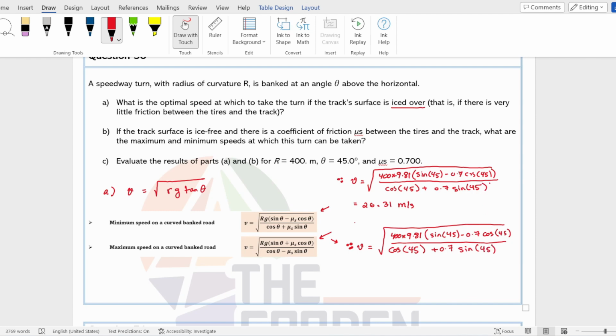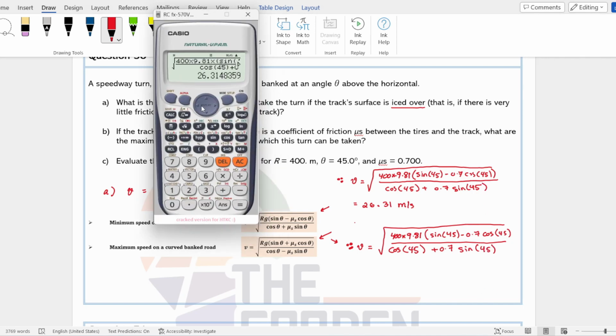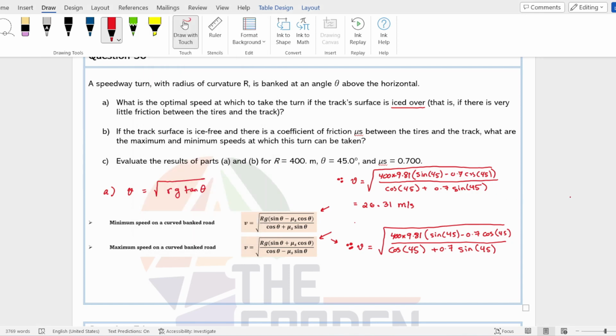Of course, we go back to the calculator and we do not have to erase everything, just substitute the minus with the plus. So this is minus, and if we go there, this is plus. And the answer of this is 149.11, so 49.11 meters per second. And that's it for this question.